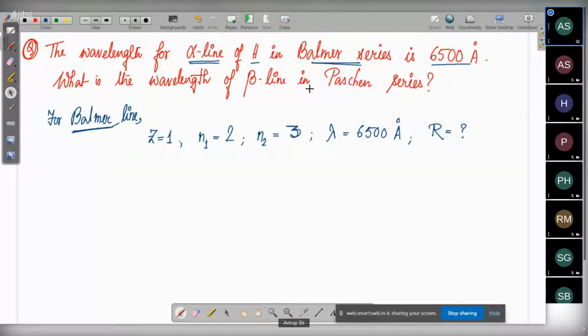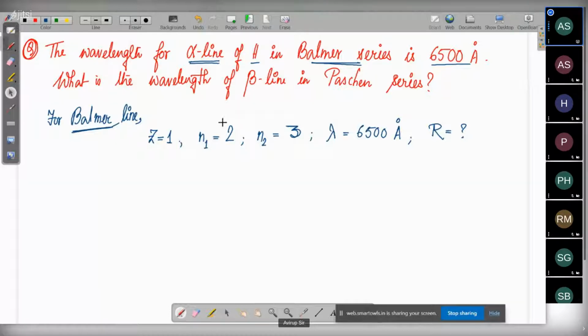So now let us simply apply the formula and find out the value of R. R is a constant only, but because every other variable's value is known to us, only R is unknown. That is why we will find the value of the constant using the formula.